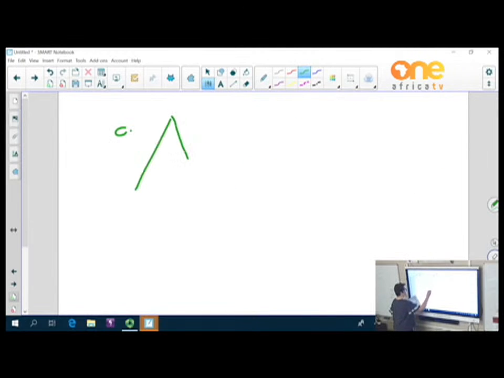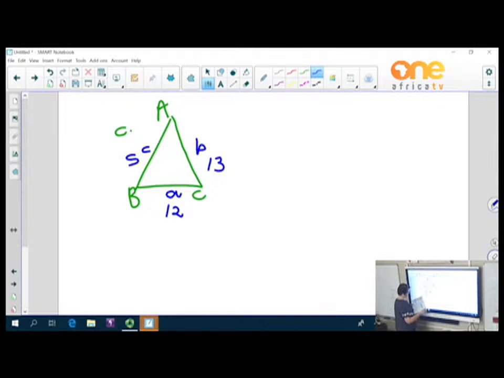Right, the last one, number C. Triangle ABC, have to draw it to find the sides. Usually in the exam you will get questions with drawings. So now here, this is A, this is B, this is C. So A is 12, B is 13, and C is 5.